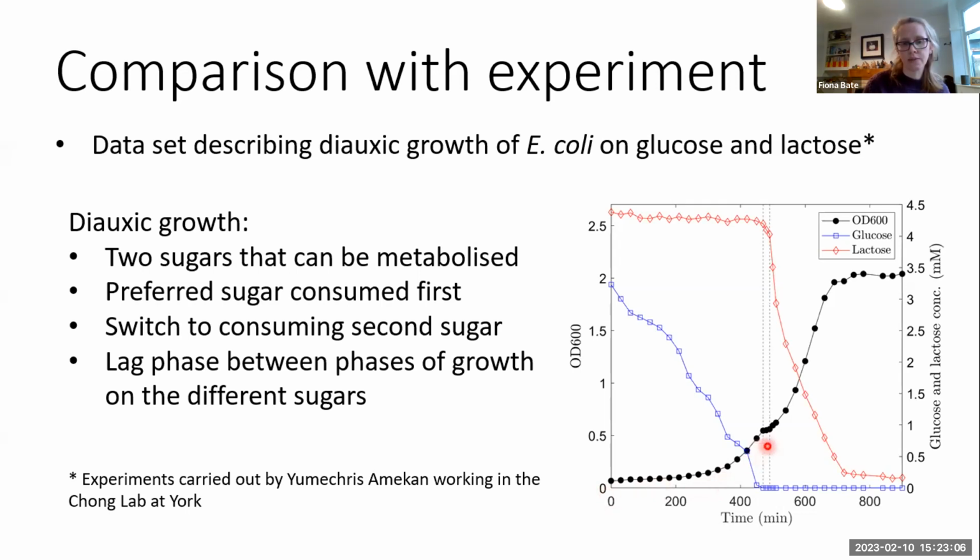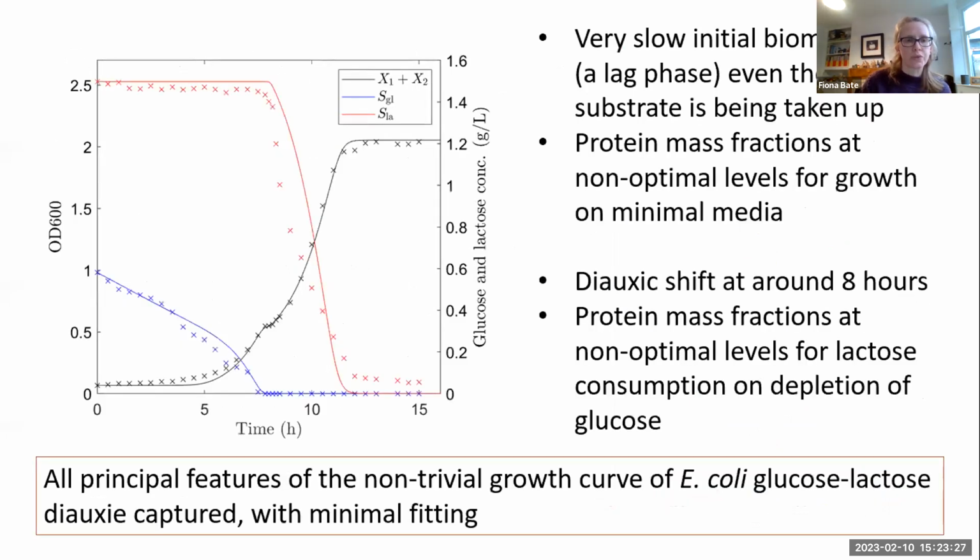And then there's a lag in the middle, which is the diauxic lag from switching from glucose to lactose. The blue curve here is the glucose concentration, the red is the lactose. You can see that the lactose doesn't start to be consumed until all the glucose is gone. Okay, so that's the data we have. Now I'll show you the model predictions. These are the solid lines on this plot here.